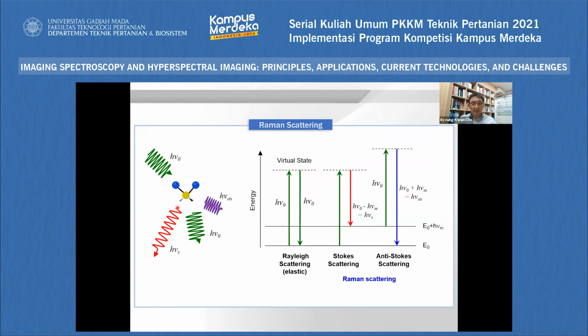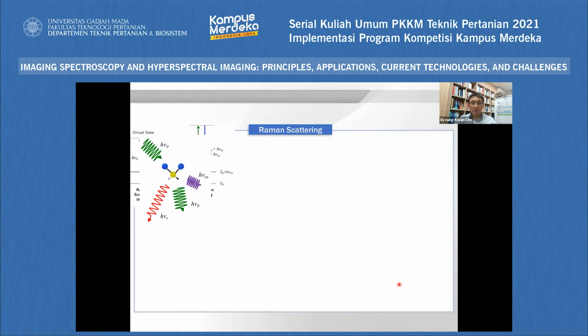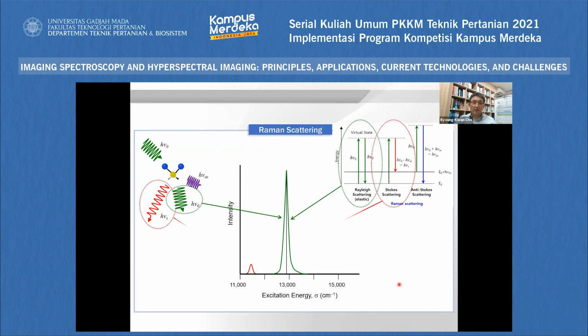Shorter wavelength and longer wavelength peaks also come out. That is Raman scattering. So when we look at the spectrum like this one, the high peak is Rayleigh scattering, but there is a small Raman scattering also. It depends on chemical structure, molecular structure.